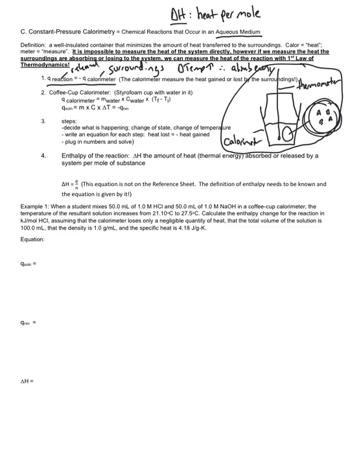And therefore, the Q of the reaction, the heat of the reaction, is going to be equal to the surroundings, but opposite in sign. It's equal and opposite. And that's because, again, whatever the surroundings absorb is because the reaction released it, and releasing of energy is a negative value because it's exothermic.